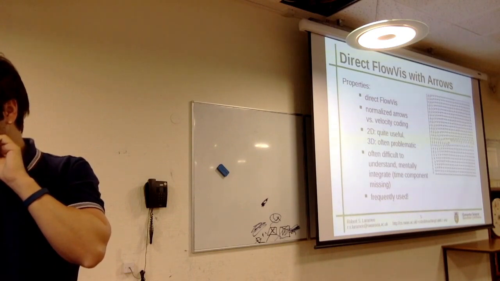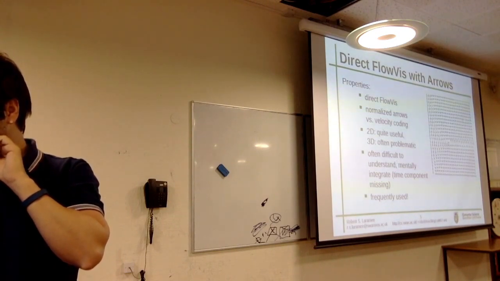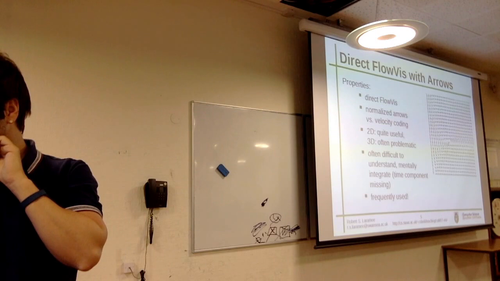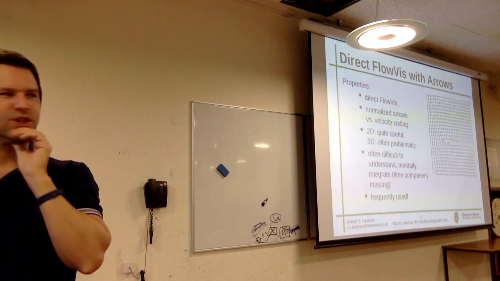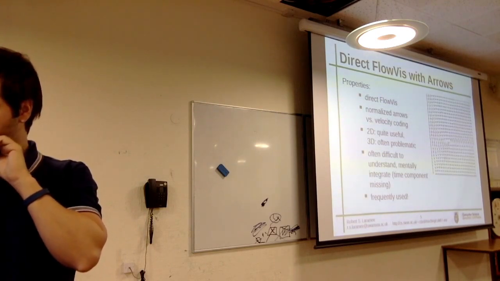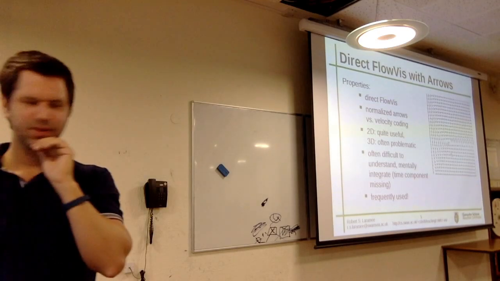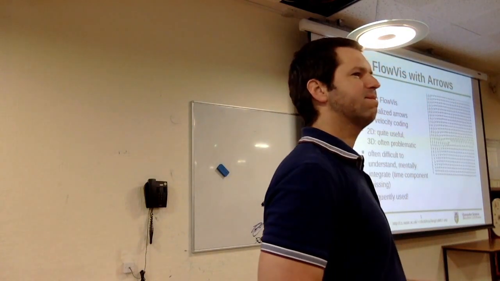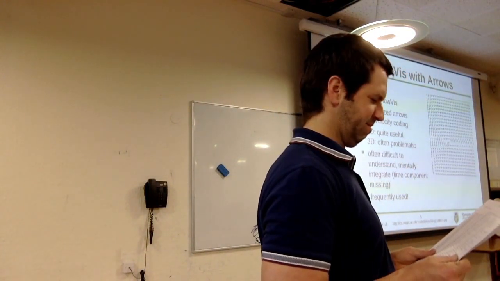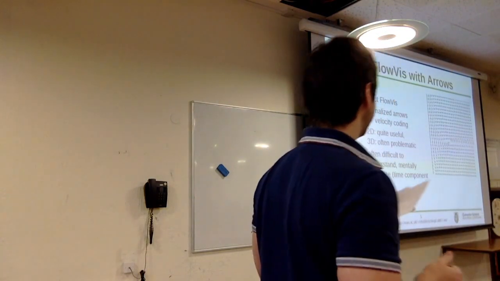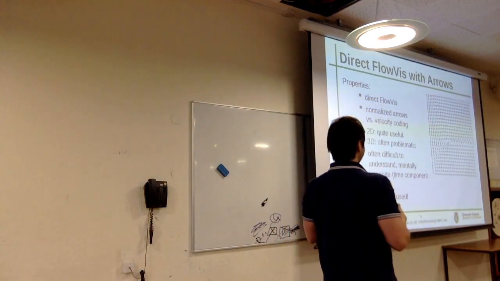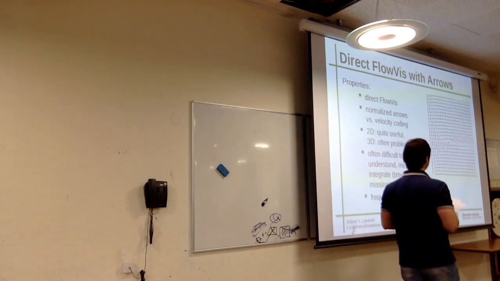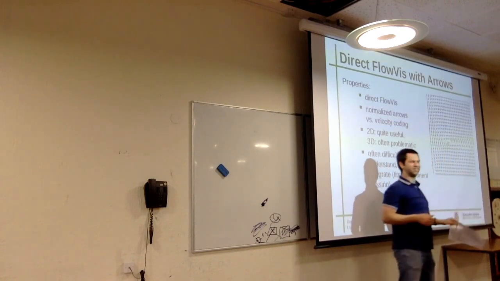So does anybody see any limitations with this kind of visualization? Any way we could improve that? Ala, what do you think? Anyways, is there anything missing? Is there some way we can improve this visualization?